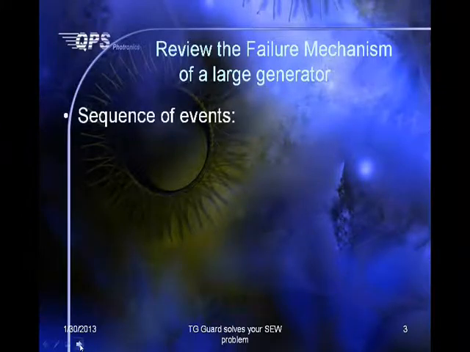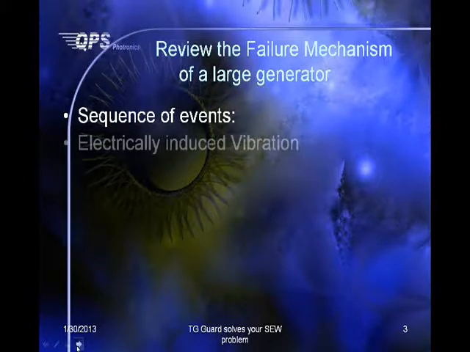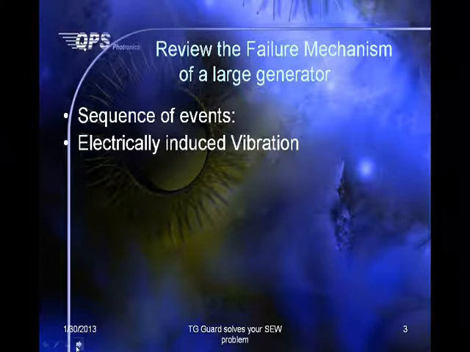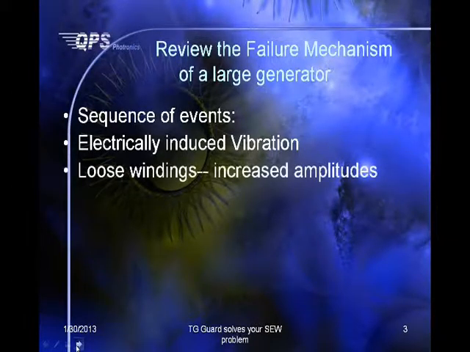So in the last webinar, we went through the sequence of this failure mechanism. We explained that there is a vibration which is induced by the structure of the generator, and the signal involved in this vibration is precisely 2 times line frequency.